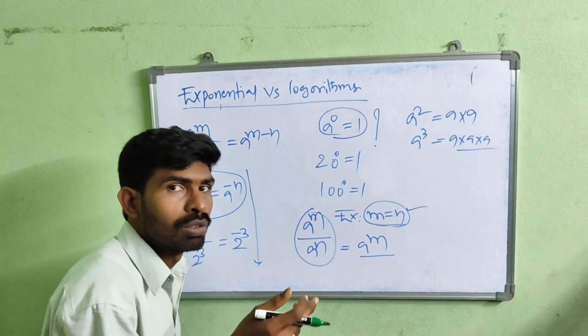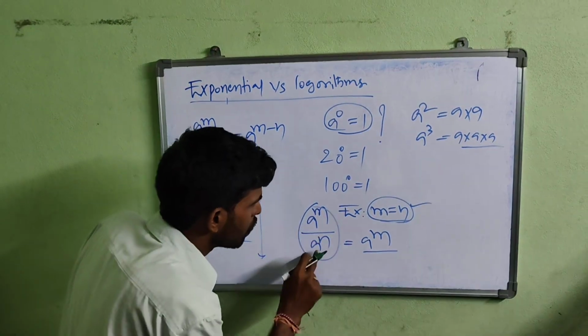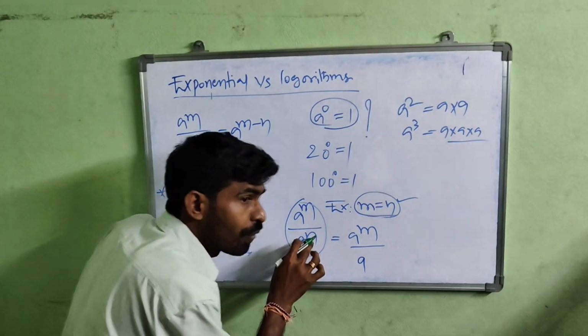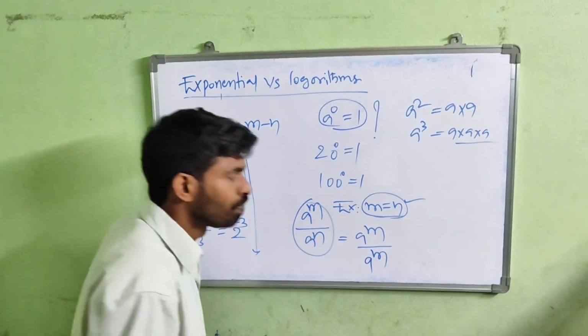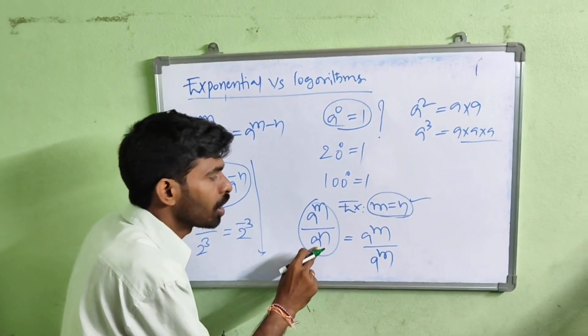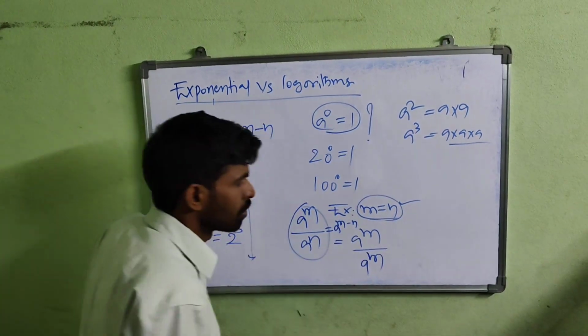Same thing, a power m divided by a power n. Here instead of n I can write it as m. A power m divided by a power n, how we can write it as the formula? A power m minus n.